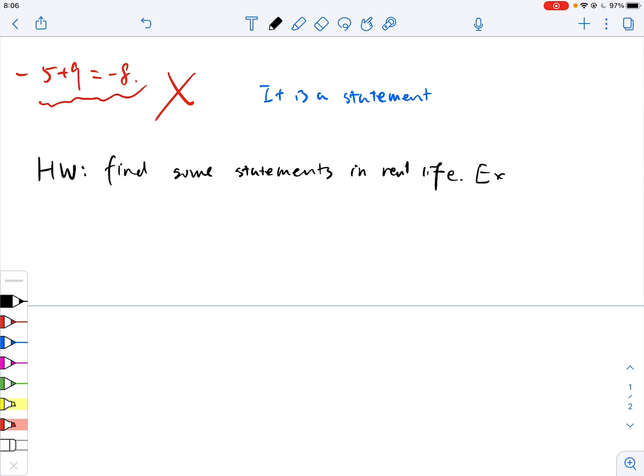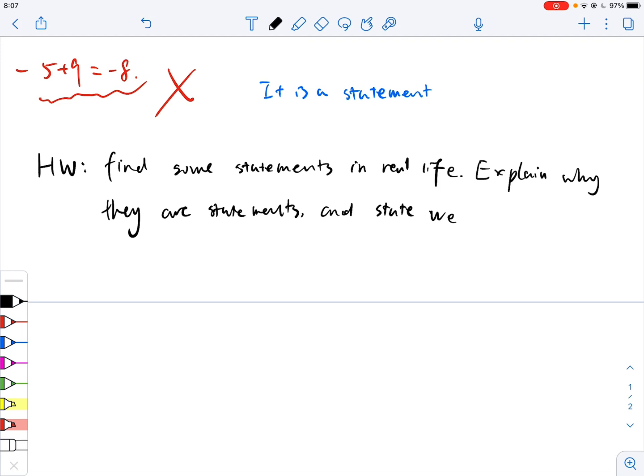Explain why they're statements, and state whether it's true or not. And by the way, I am terrible at spelling, so I don't think I spelled "whether" correctly. But anyways, I hope you can understand what I meant by that.